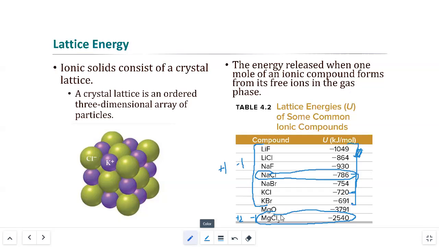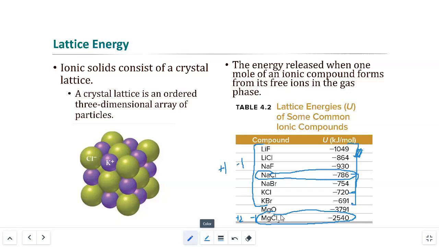Why is there such a difference in the lattice energy? Well, there's two things. First of all, we've got a larger charge on the magnesium compared to the sodium. So we're doubling the charge. We should expect a doubling of the electrostatic potential as well. And so that accounts for part of it.